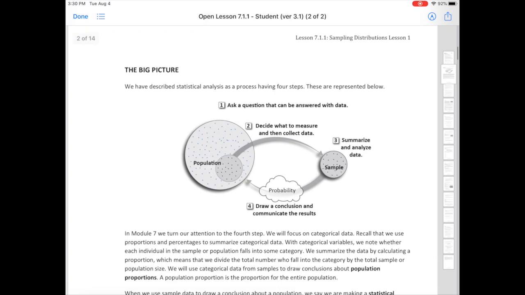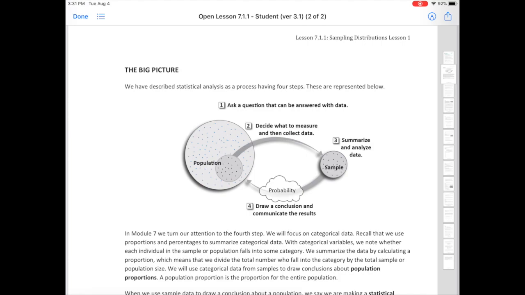So let's pick up where we left off in the last class. We're going to be talking about the big picture here, okay? Statistical analysis is a process containing 4 steps. These are represented below. Step 1 is always to ask a question that can be answered with data.